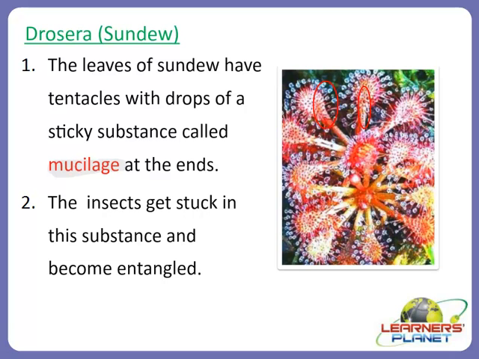Let me show you with another color so you can know it better. These are the tentacles. Because of these tentacles, in which the sticky substance called mucilage is present at the end, the leaves of sundew are able to trap insects. So what will happen actually?